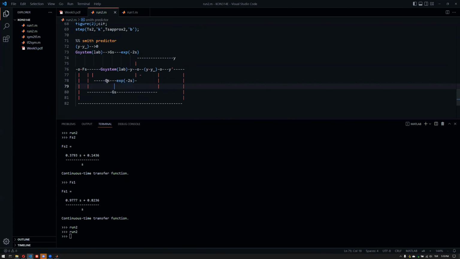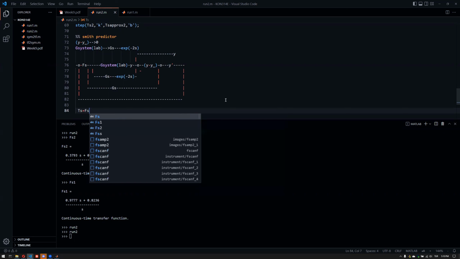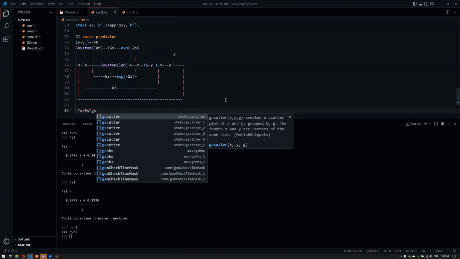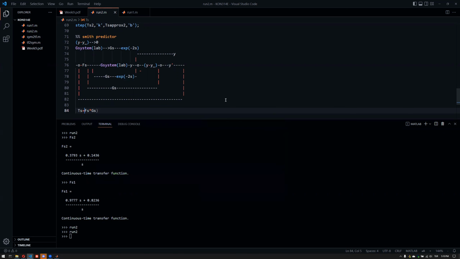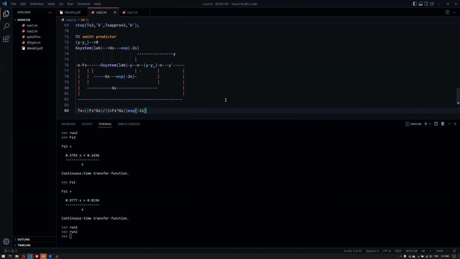And ideally, you would have basically the following closed loop transfer function: Fs times Gs divided by 1 plus Fs times Gs, all this times e to the power of minus tau s.